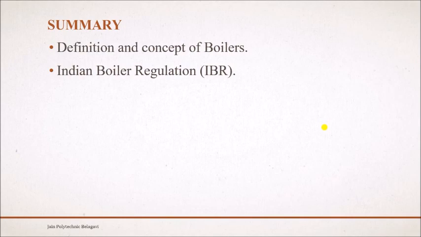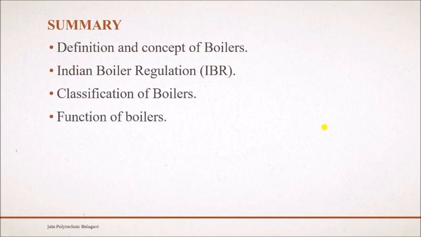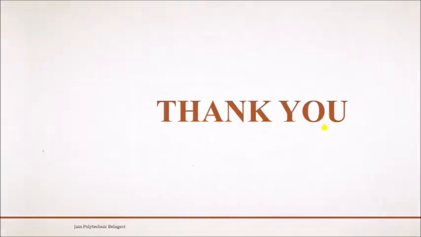The IBR forms rules and regulations that have to be followed by all manufacturers of boilers. Then we went through the classification of boilers, based on working, such as water tube or fire tube, and on circulation, among various types. And finally, the function: the main function is to produce steam from water and supply that steam to further applications. Thank you.